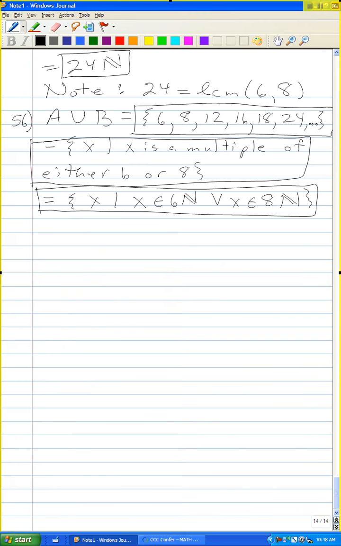57. In exercises 57 through 58, compute the indicated set operations where A and B are defined as follows. A is the multiples of 4: 4, 8, 12, 16, 20, 24.